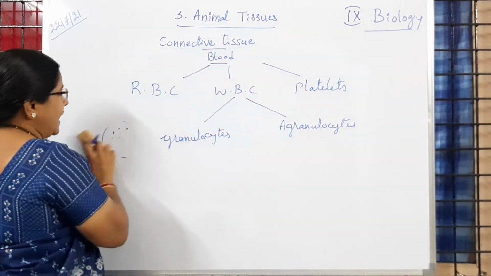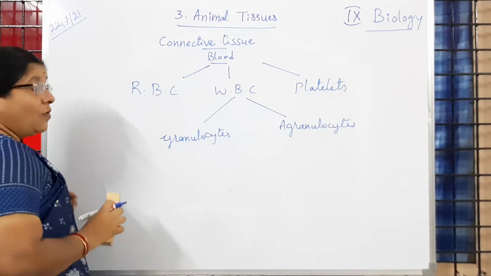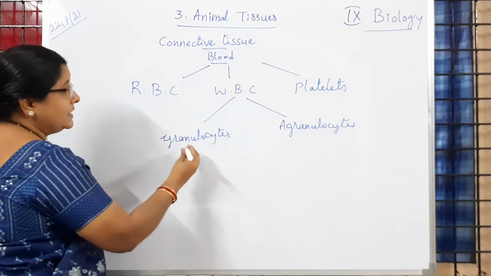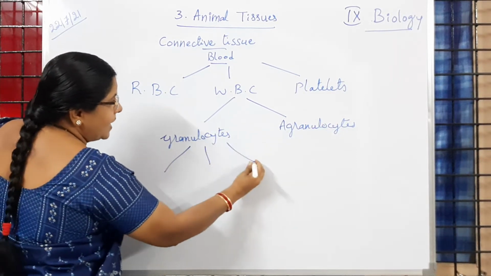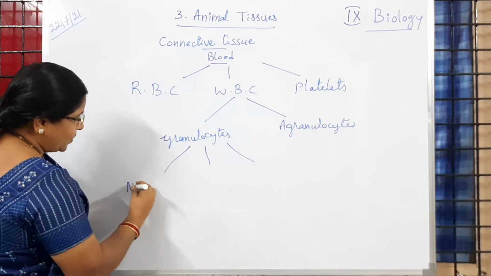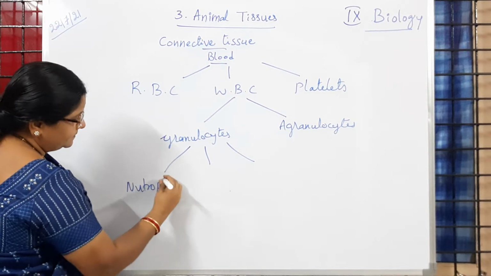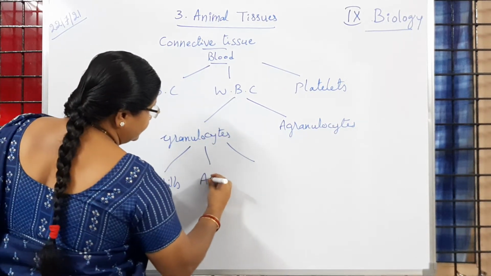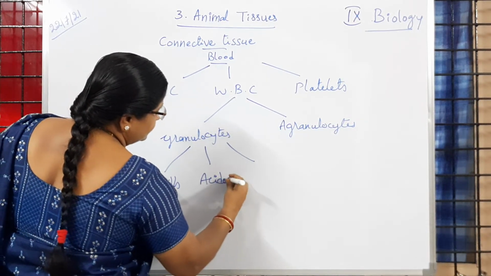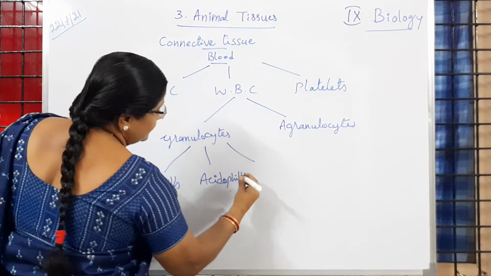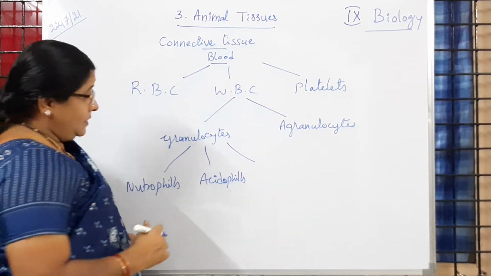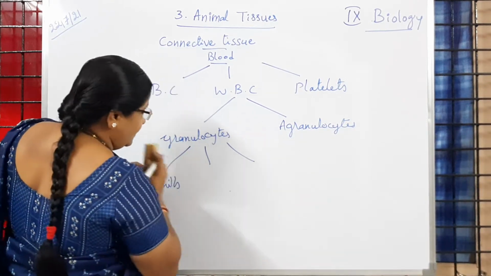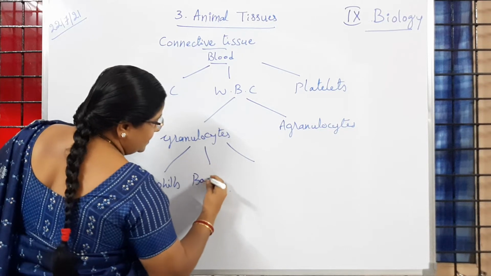Now granulocytes, how many, and what is the function of these granulocytes? If we see these granulocytes, they are of three types. One is said to be neutrophils, then basophils, I will write.